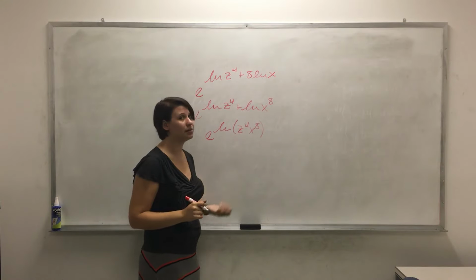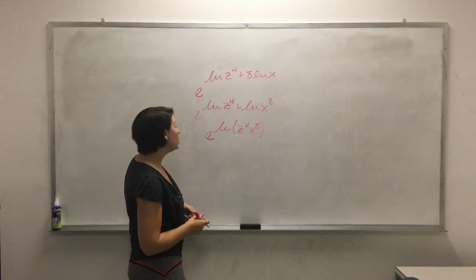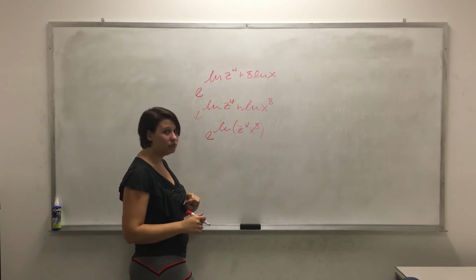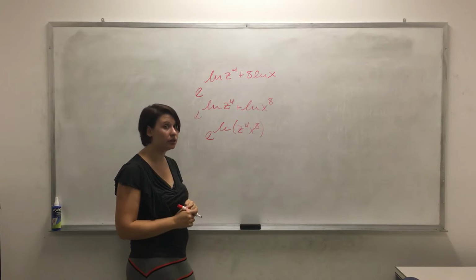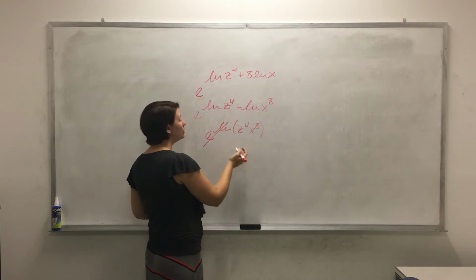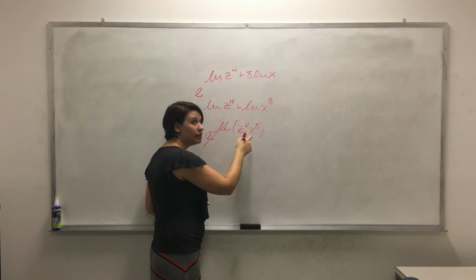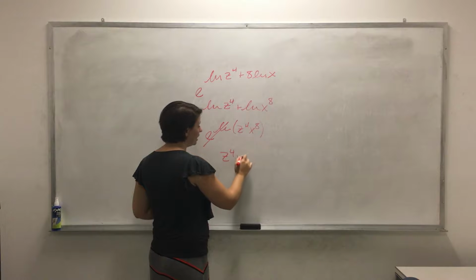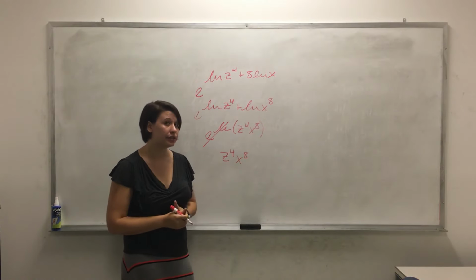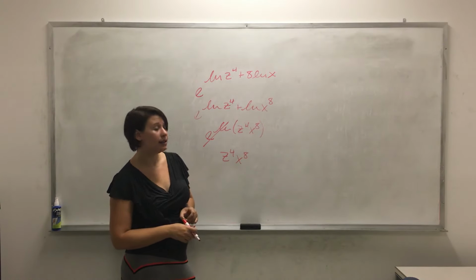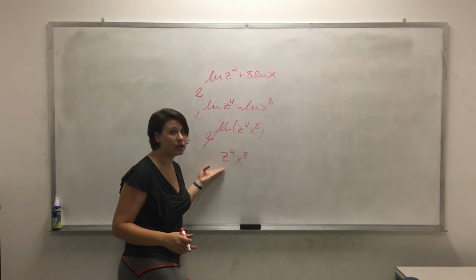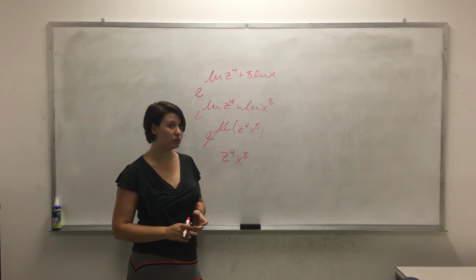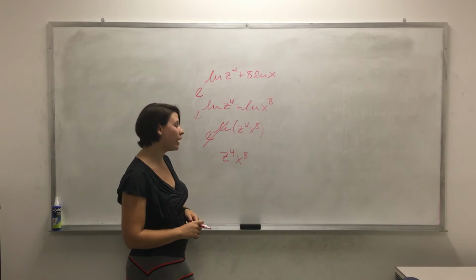Now we have an e with a single ln. These can cancel because they're inverses, just like we learned in 4.4. So the inside of the natural log drops down: z to the fourth times x to the eighth, that's our answer. That's as simple as it gets. I think we can all recognize that this is as simple as it gets. We wouldn't be able to do more with this.